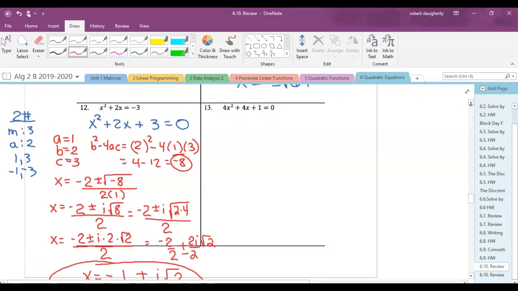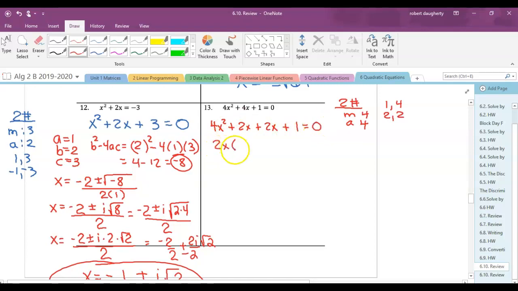Next problem. So this will factor if I can find two numbers that multiply to 4 and add to 4. Or wait, I think it will work, sorry. Two numbers that multiply to 4 and add to 4. So 2 and 2 will do that for me. So I can write this as 4x squared plus 2x plus 2x plus 1 equals 0.